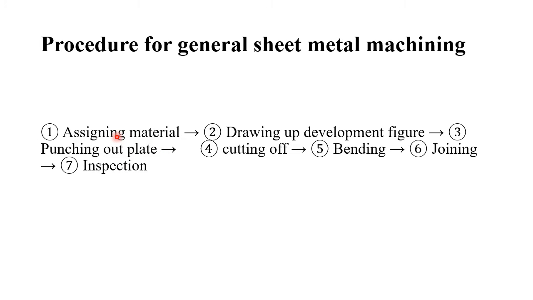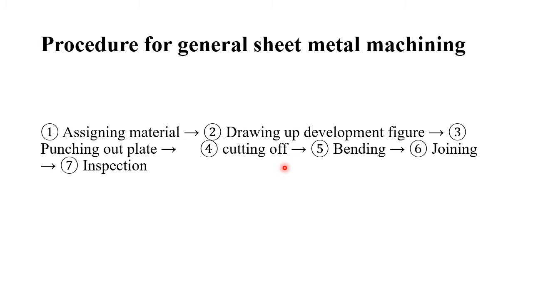To patch out the plate, we bring our sheet metal, take the drawing we have made, and lay it on top of the sheet metal. Then, using a center punch and a hammer, we mark the points from the drawing to be punched on the sheet metal. After marking all the points, we move to step number 4, which is cutting off.